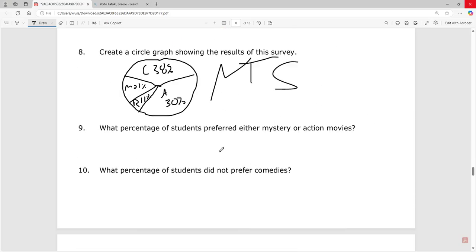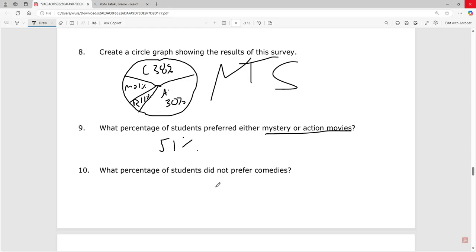Okay, what percentage of students prefer mystery or action? I've got to add mystery and action together, so it's going to be 51%. I got that by adding 30 from action and 21 from mystery, which is 51%.